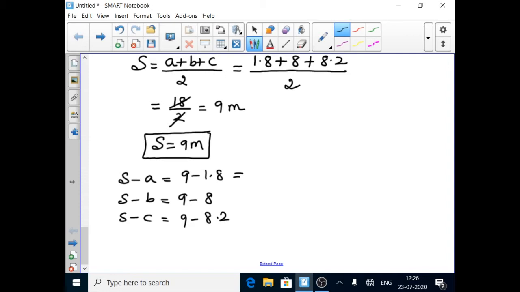Okay, so 9 minus 1.8 is equal to 7.2. So 7.2 meter. Then 9 minus 8, 1 meter. That is equal to 9 minus 8.2. So you will get 0.8. Okay, so 0.8 meter.